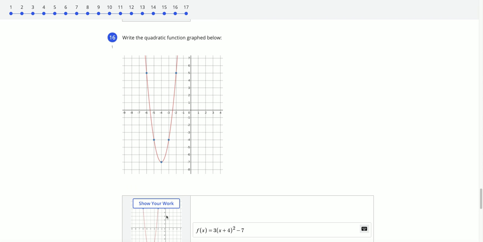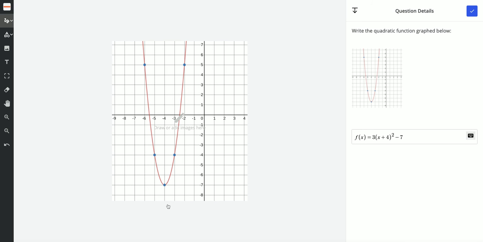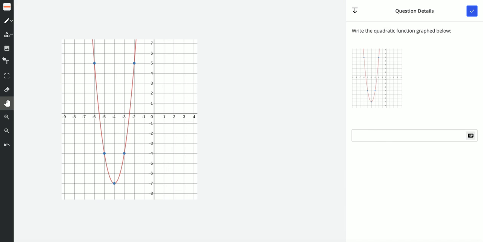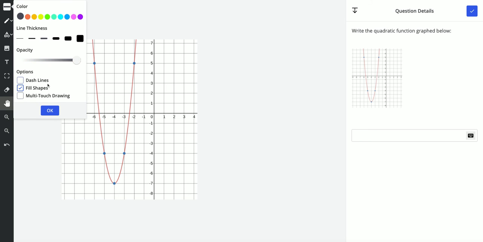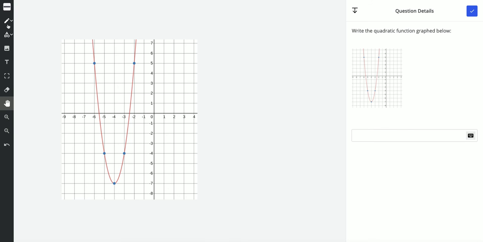Okay, number 16. So same thing, you can kind of see the answer. Don't cheat. All right, now in real time. So I know that I have y is equal to something x something squared and then something over here.